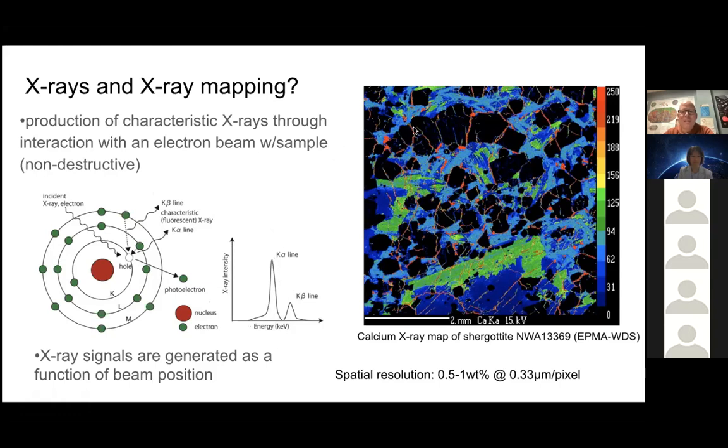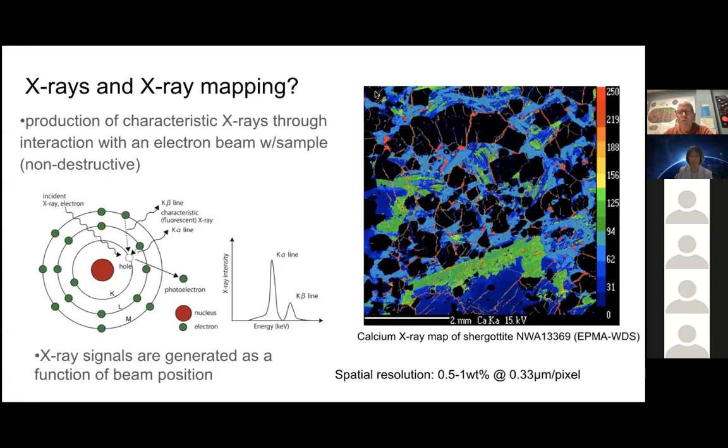So you can see here on the map on the right, we're actually looking at the calcium K alpha X-ray map of this area of a sample. These X-rays are generated as a function of the position of the beam. So when we're creating a map, we're actually rastering the beam across an area.